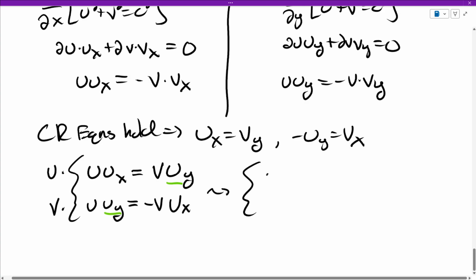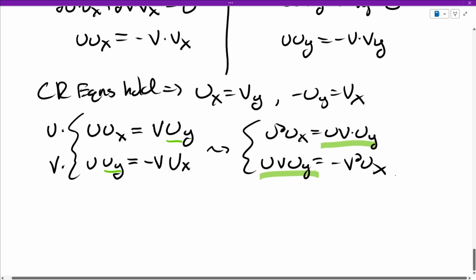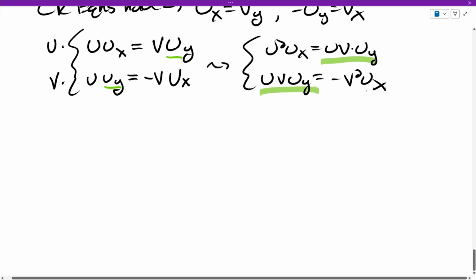And when we do that, we're going to get u squared ux is uv uy. And we're going to get uv uy, oh, we have the commonality now, is negative v squared ux. Great. So now these just match on the nose. And so what we can do is then set the remaining sides equal to each other.